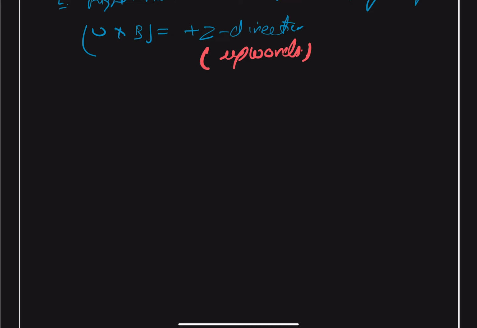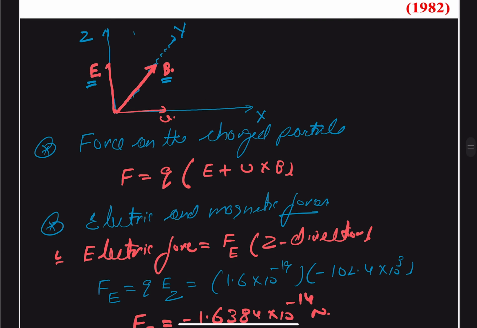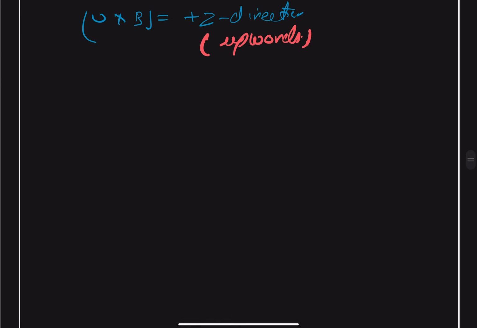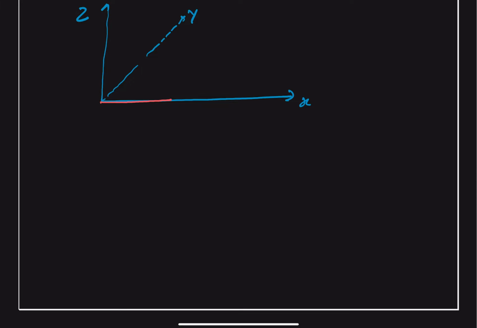So if it is getting upward, we can easily modify the figure. Let me draw it again. This is our positive x direction, this is z, and this is our y direction. The electron is traveling in this direction with the velocity v, and we have our magnetic field in y direction and electric field in z direction.